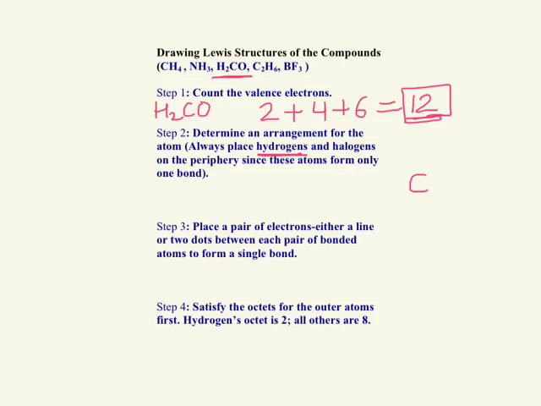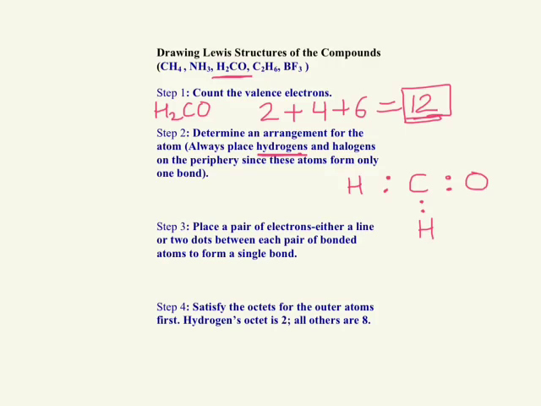Let's say I put it like this, here and here. Step number 3 is place a pair of electrons, either a line or two dots, between each pair of bonded atoms. So let's put 2 electrons here, 2 electrons here, 2 electrons here.